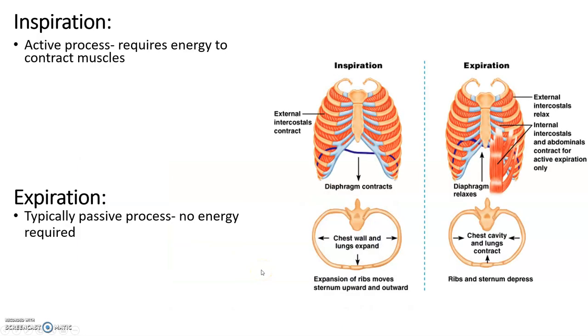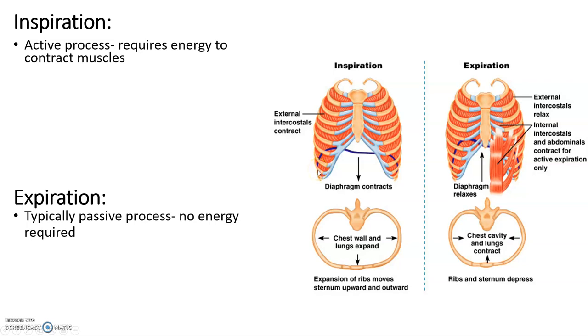Okay, so what does that look like in the lungs? Well, when we inhale, inspiration, this is an active process, and so this is largely regulated by what's called our diaphragm. You can see this blue line here. It's a muscle.